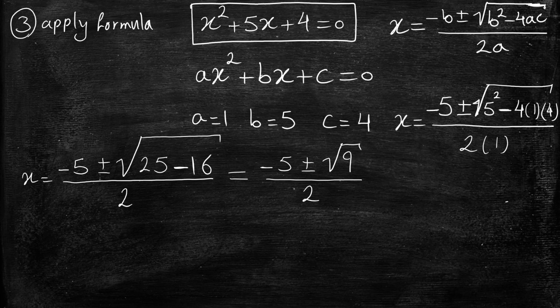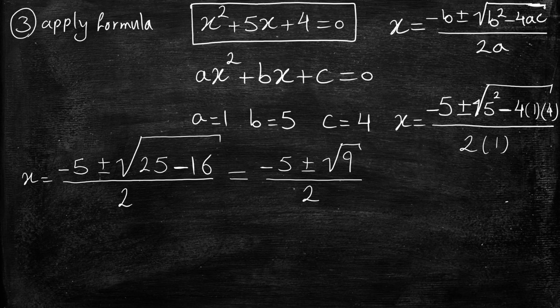Now we have to figure out what the square root of 9 is. Square root is like the inverse of squaring. When we square a number, it means we multiply it by itself. When we take the square root, we have to figure out what number multiplied by itself equals that number.